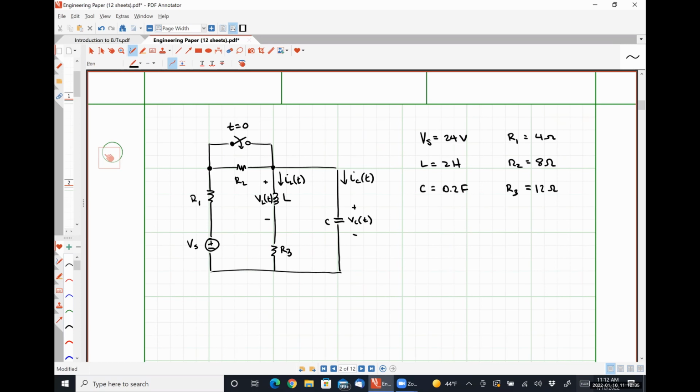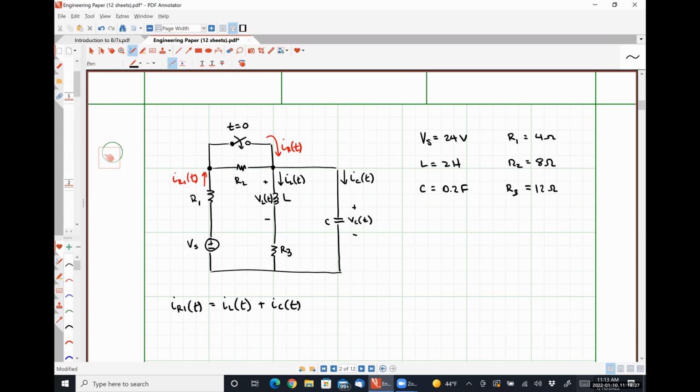So I could say that I have a current IR1 of t, and it will flow through the short circuit during the transient condition such that IR1 of t is equal to IL of t plus IC of t. Anybody have a problem with that?